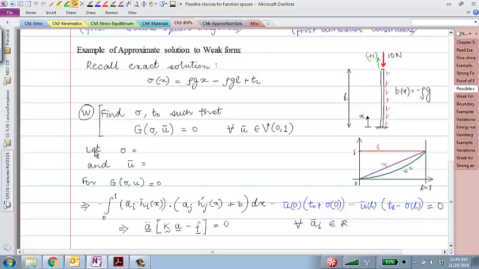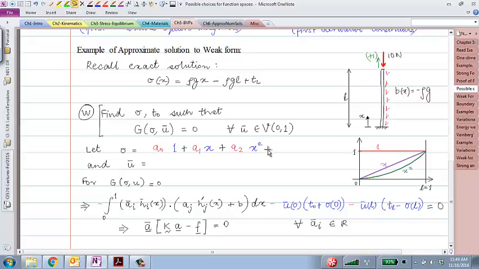So what I'm saying is that I don't know what the stress field is, but let me assume that it is a linear combination of three functions. So some unknown constant a0 times 1, plus another unknown constant a1 times x, plus another unknown constant a2 times x squared.